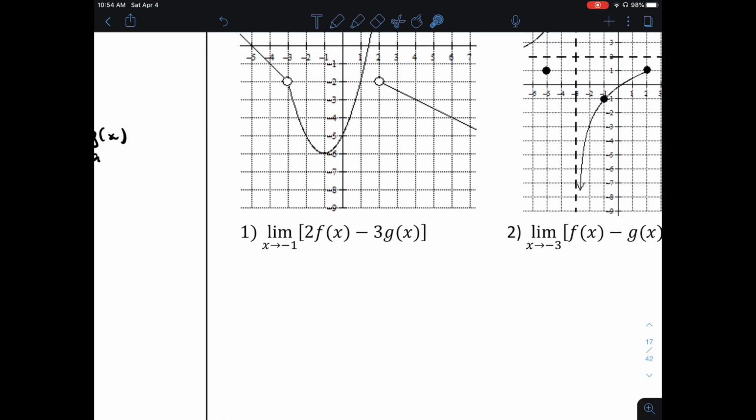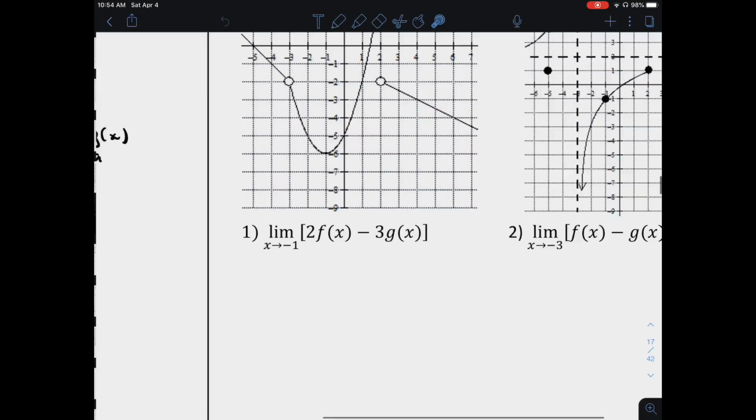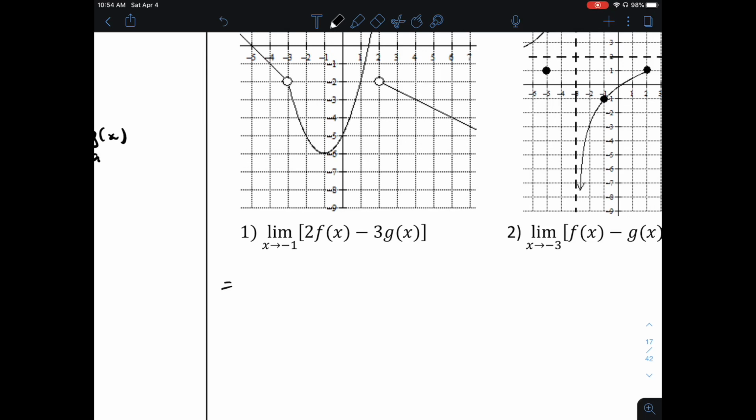So number 1, I'm going to rewrite this as the limit as x approaches -1. I'll tell you what, let me change that a little bit. 2 times the limit as x approaches -1 of f of x minus 3 times the limit of g of x as x approaches -1.